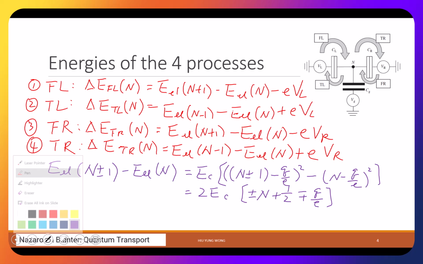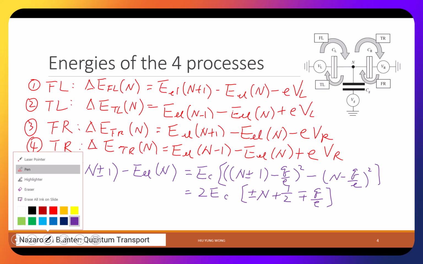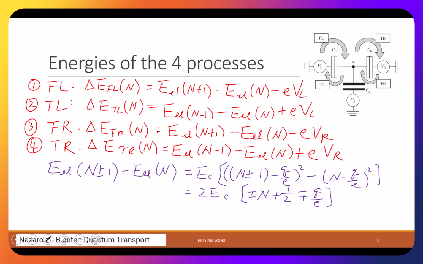It will be interesting just to do a check, right? So I don't draw any conclusion. I just show you how to do the calculation. Okay. Now, let's do a check. What if I have an electron which goes from the left to the right, right? It means that I have an electron go into here and then go into here. How many electrons do I have?